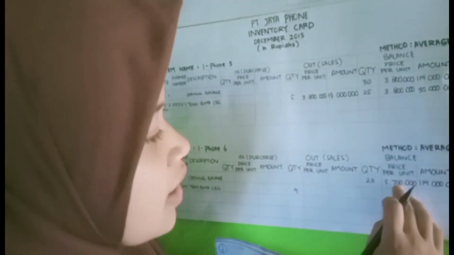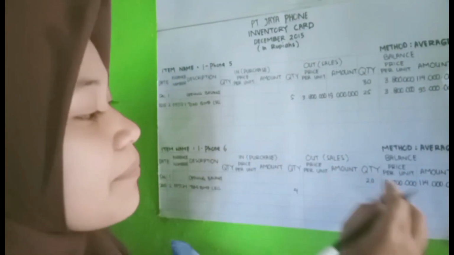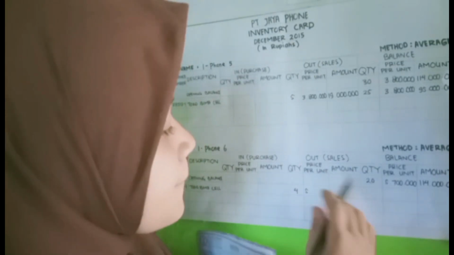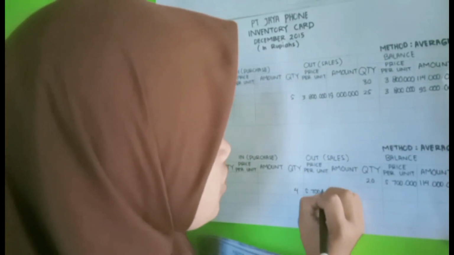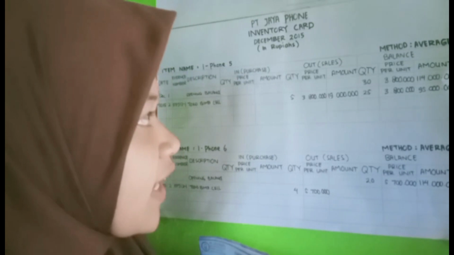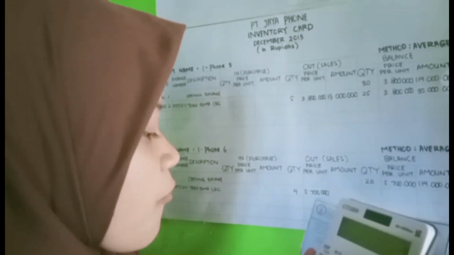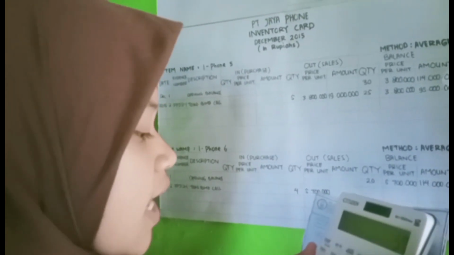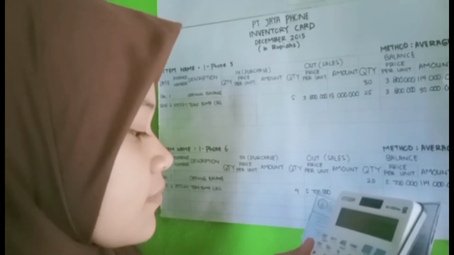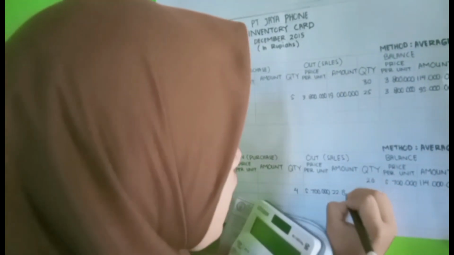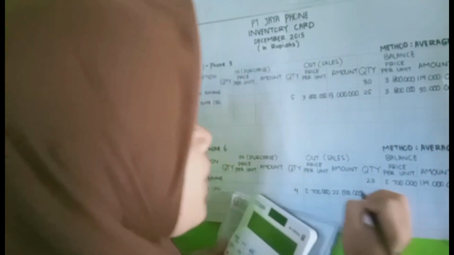We use the price per unit at opening balance, so 5,700,000 rupiah. For amount, we calculate 4 times 5,700,000 equals 22,800,000 rupiah.